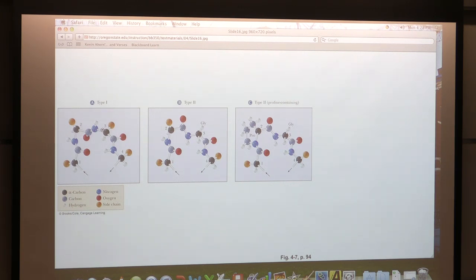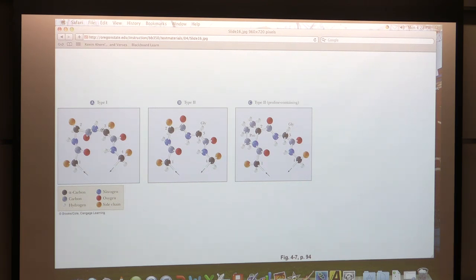Proline. Proline didn't have very much flexibility because, remember, its R group came back and connected with the alpha amine group. And I said it can't twist like the other ones can. That means it's inflexible, and that means that wherever we have a proline, we have inflexibility.